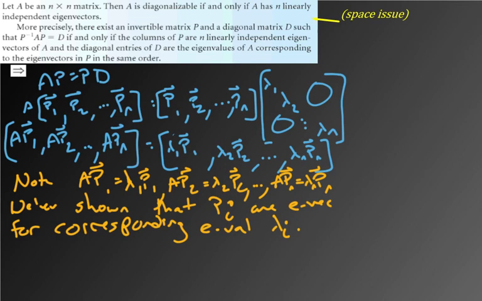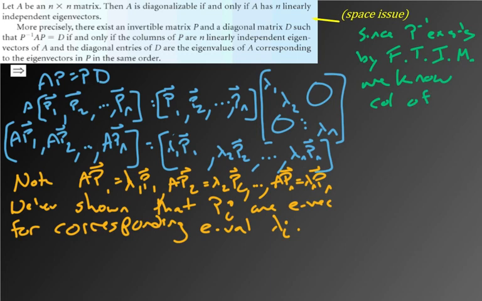I would just say since P inverse exists, by the fundamental theorem of invertible matrices, we know the columns of P are linearly independent. And that's kind of it.